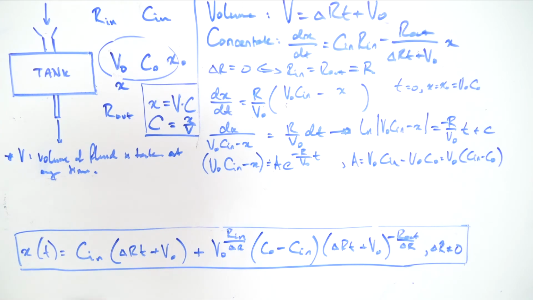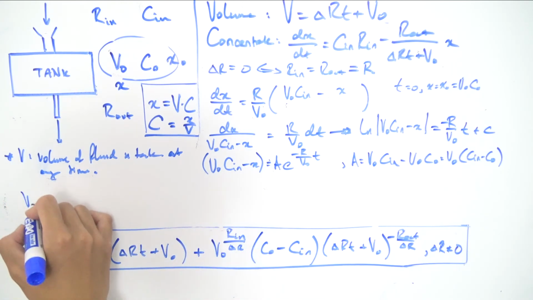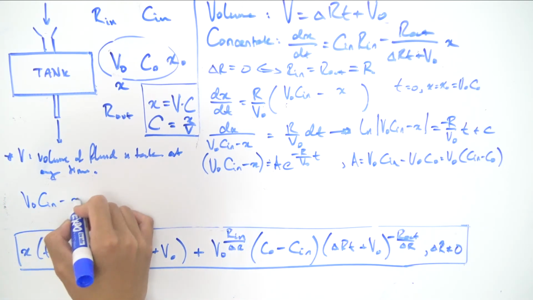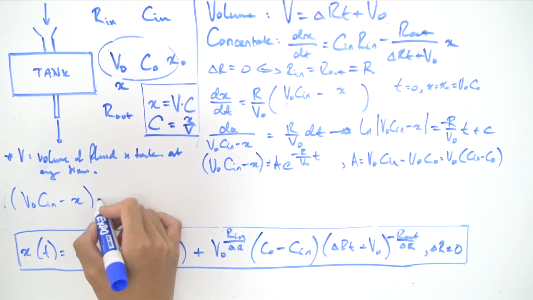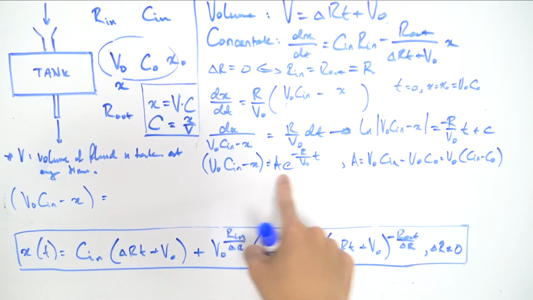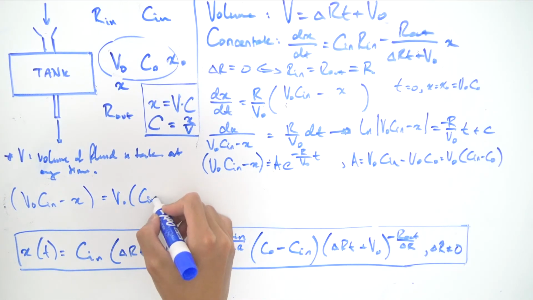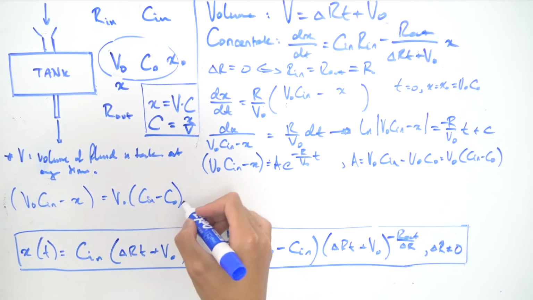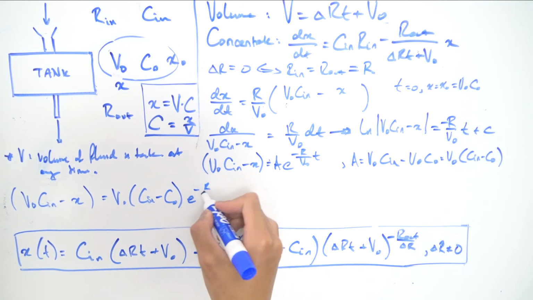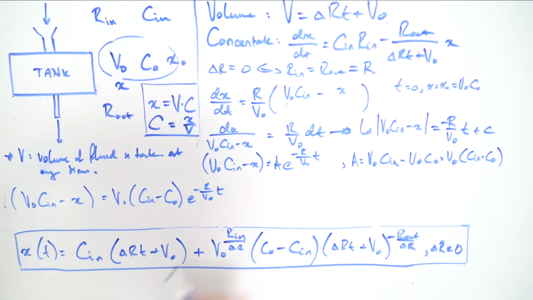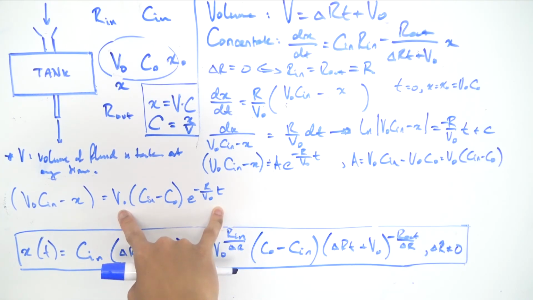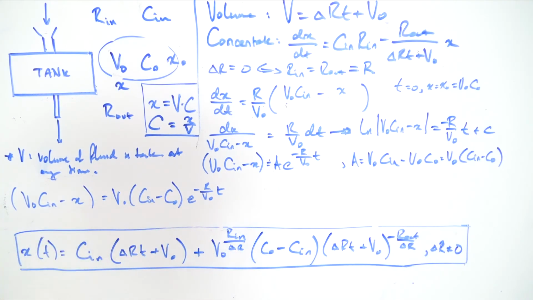Okay, now let's plug everything in. We're going to get now that v naught times cn minus x, this whole left hand side, is equal to a, but we know a is equal to v naught times cn minus c0, and we have e to the minus r divided by v naught times t. And now we just have to isolate this x. That's quite easy to do. Let's add x on both sides and then subtract this whole entire right hand side expression from the left hand side as well.